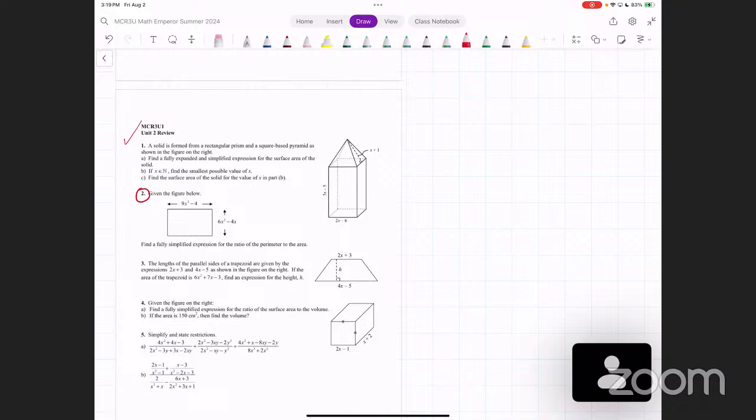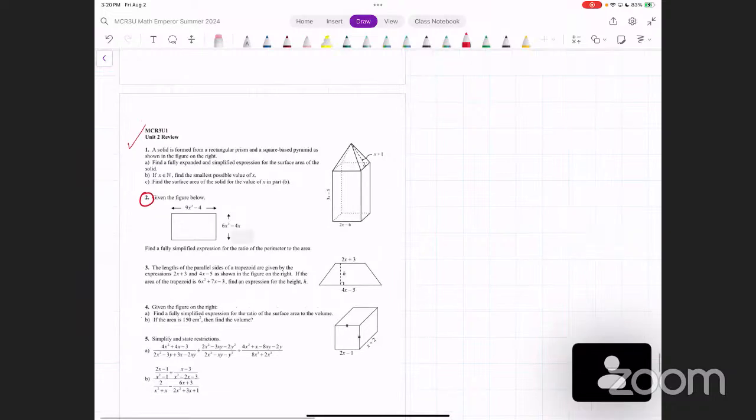Okay, keep going. You're on the right track. Keep going. That's not 4C.